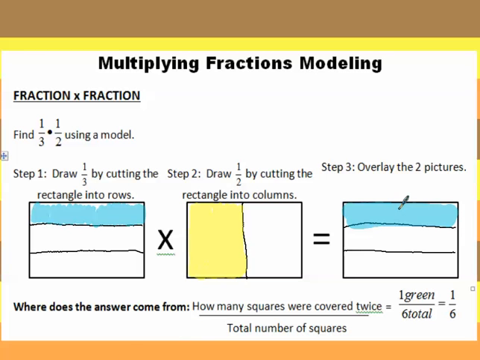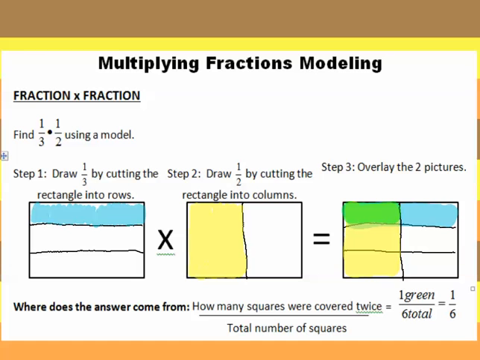And then I'm going to redraw my picture, my half. Alright, just so you can see this, I'm going to color this one green.